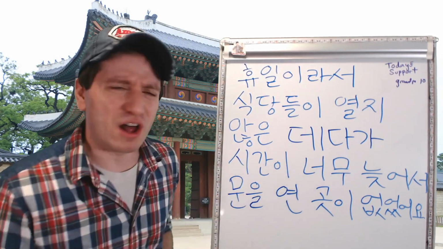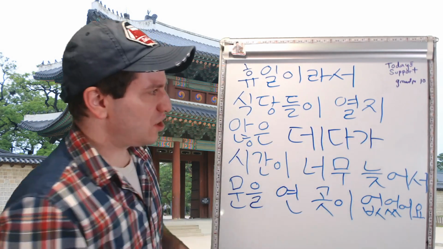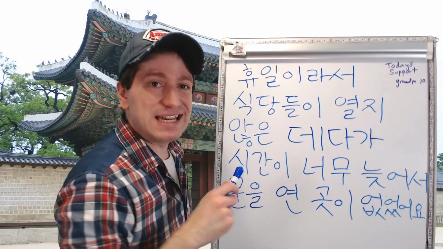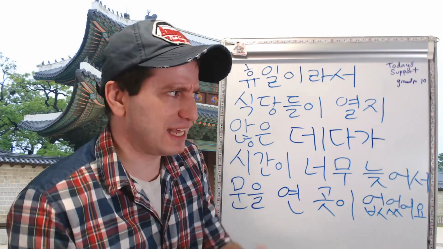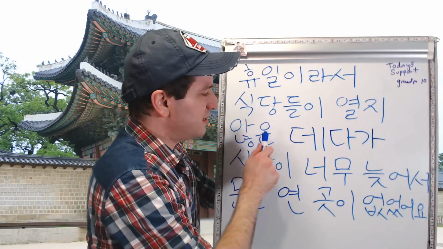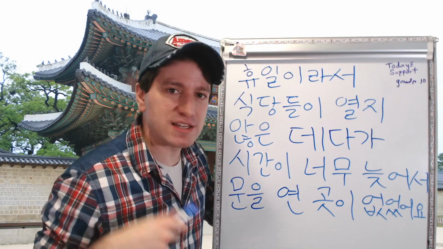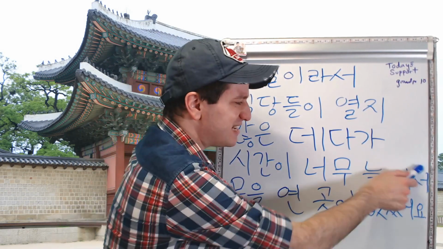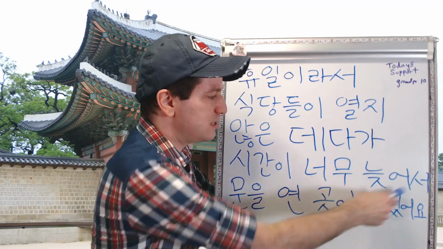휴일이라서, because it's a holiday, 식당들이 열지 않은 데다가, so the restaurants 열지 않은데, they didn't open, past tense. It's not saying they're not opening, but they didn't open. So the restaurants did not open because it's a holiday. On top of the restaurants not opening because it's a holiday, 시간이 너무 늦어서, because it is too late. Literally, because the time is too late.